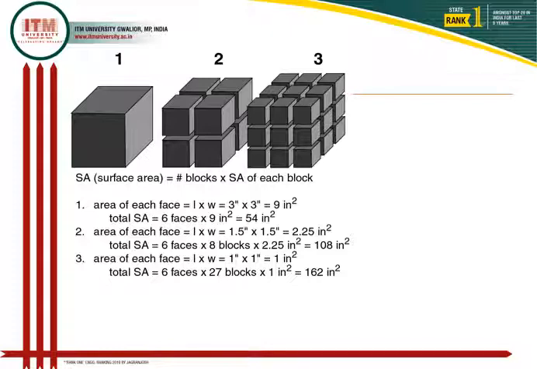In the case of the second, if you divide this big cube into smaller cubes with half the edge, the edge of each cube is 1.5 length, 1.5 width. By this you can cut a total of 8 cubes.